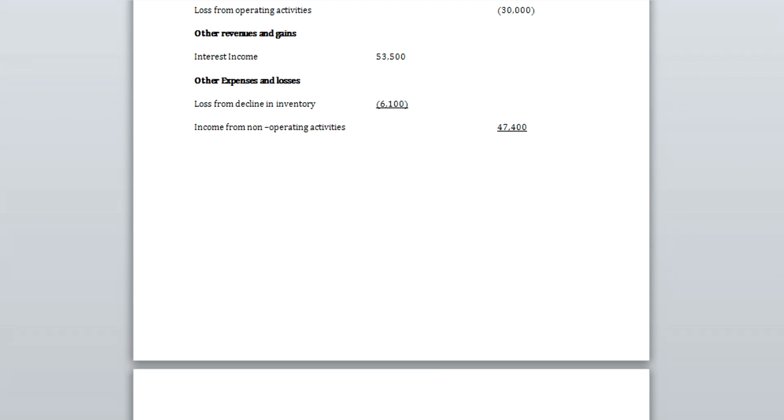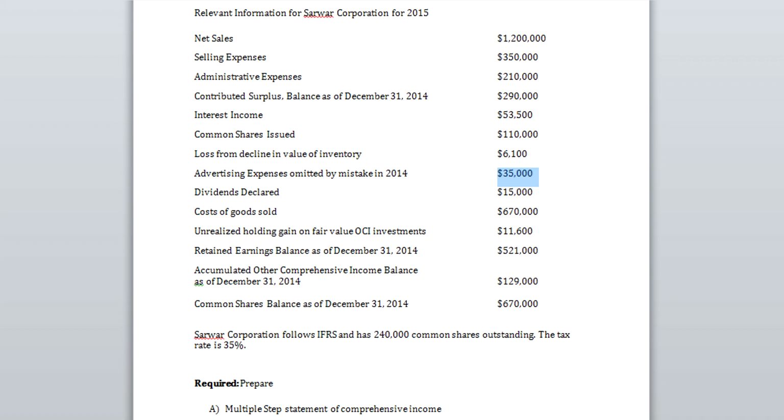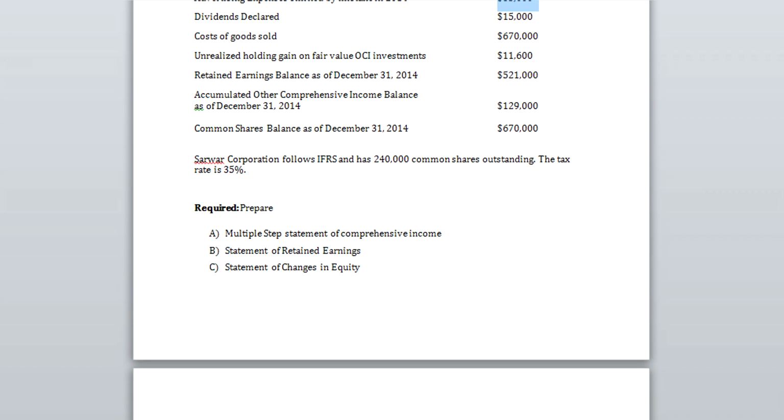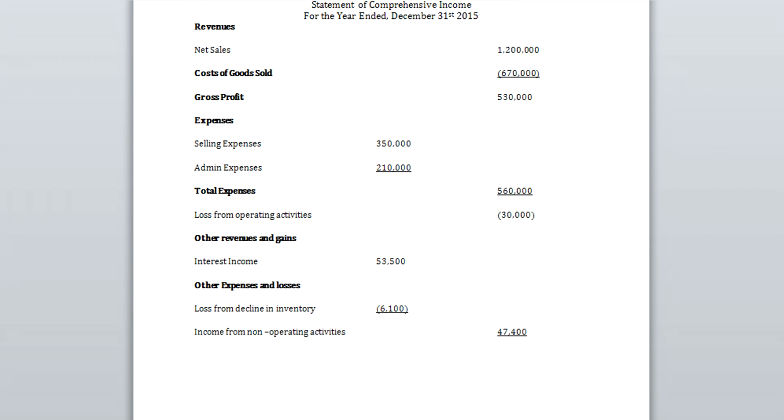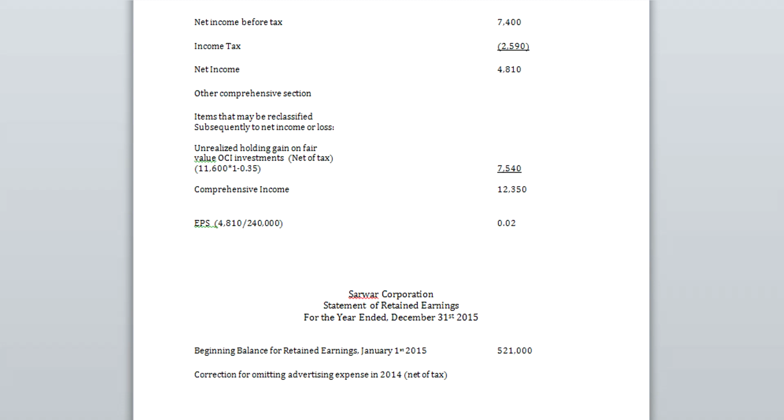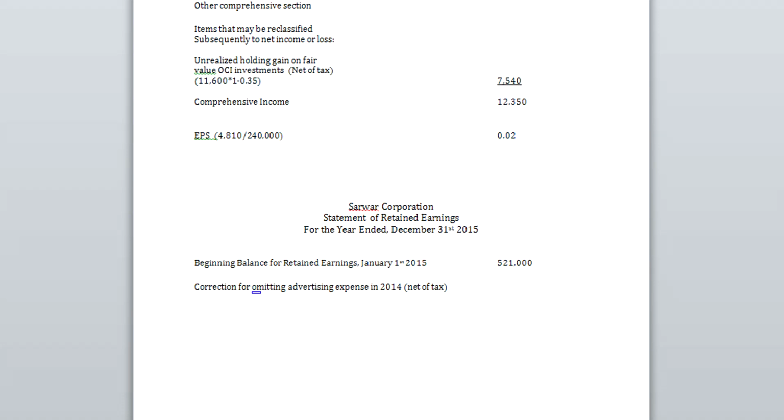So that means that if we want to report this net of tax, we have to figure out what the net of tax number is of $35,000, okay? And since the tax rate is 35%, we're just going to take, same as we did for unrealized holding gain, $35,000 times 1 minus the tax rate, which is 0.35, okay?